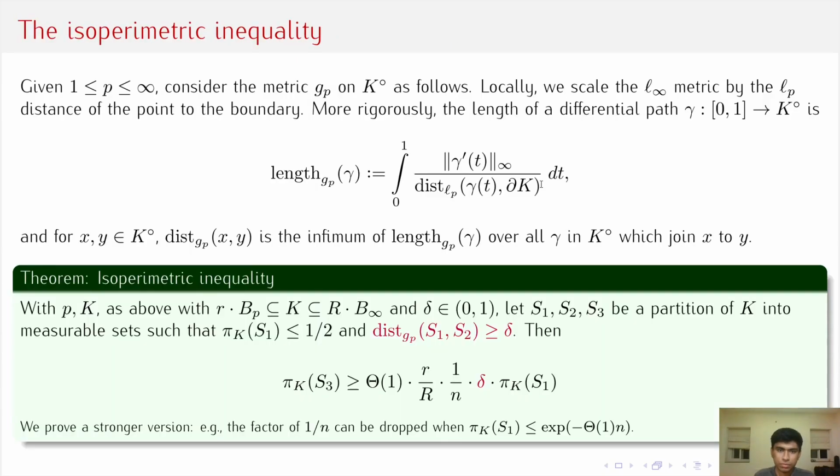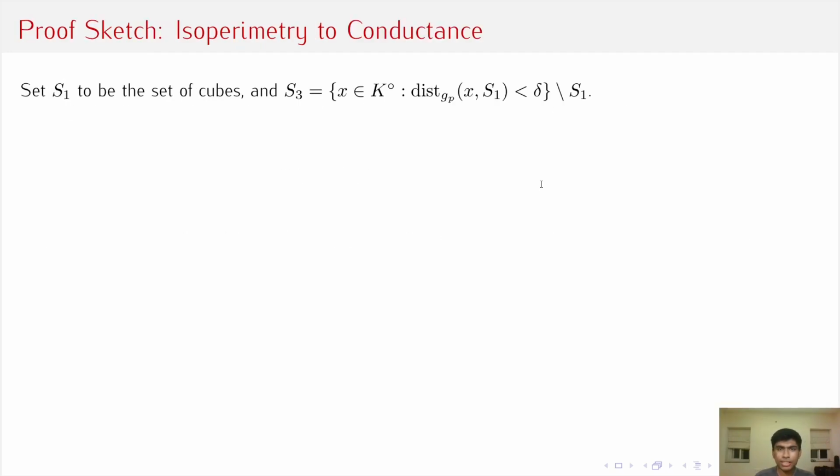So let me next get into how the isoperimetric inequality implies a conductance lower bound for our multiscale random walk. In the isoperimetric inequality, we have these 3 sets, S1, S2, and S3. If we are interested in bounding the conductance of a set S of cubes, then first we just set S1 to be the union of all these cubes. And then we define S3 to be a delta expansion of the set S1, which just means that you take all points within a GP distance of delta from S1, and then you remove S1.